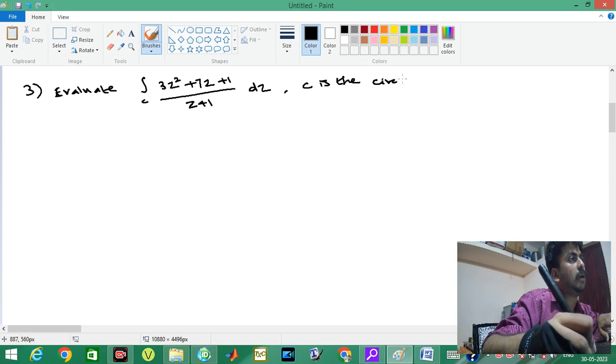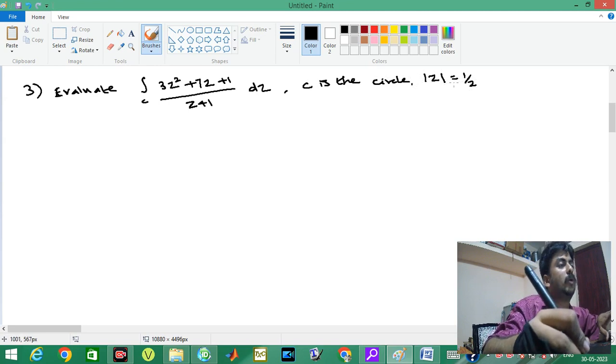Always they will give C as a circle because that is a simple closed curve. Circle with modulus of z equal to 1 by 2. The value of modulus of z equal 1 by 2 means the modulus of z will be 0.5. Okay, now solution.